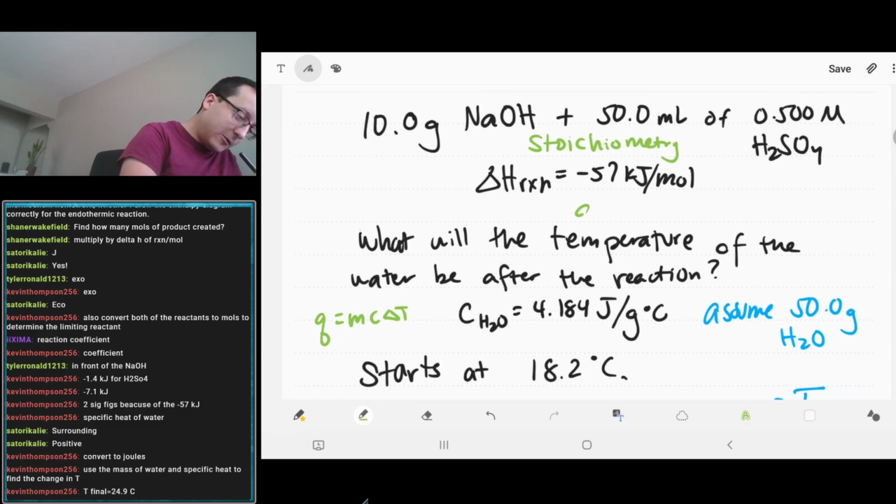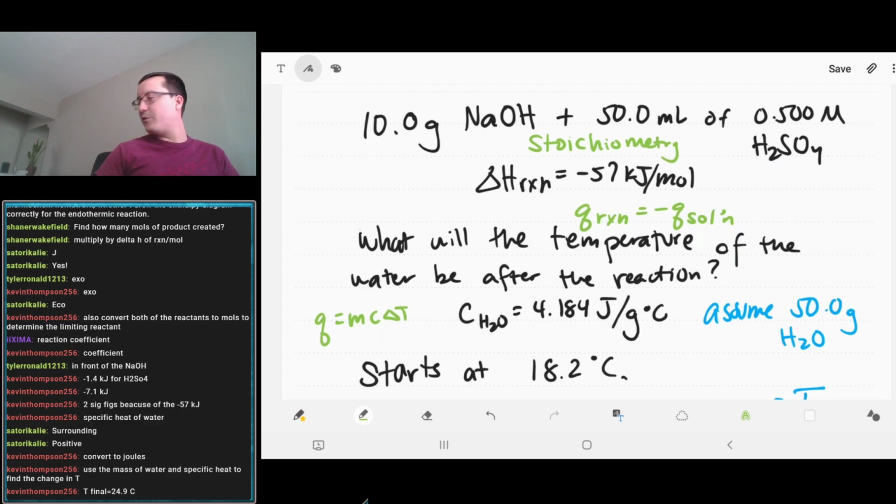We also used reaction versus solution, converting between the two, just their opposite signs. And so we've used quite a few things in this one problem alone. So we should all be happy for all the work we just did. Does anybody have any questions on particular bits of this problem?